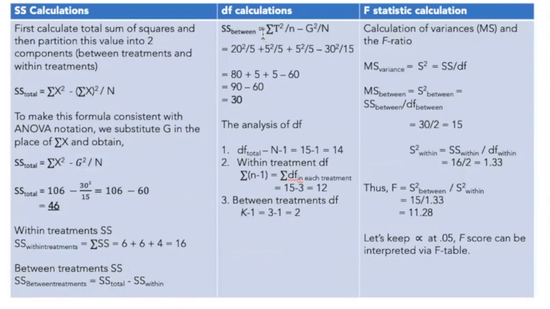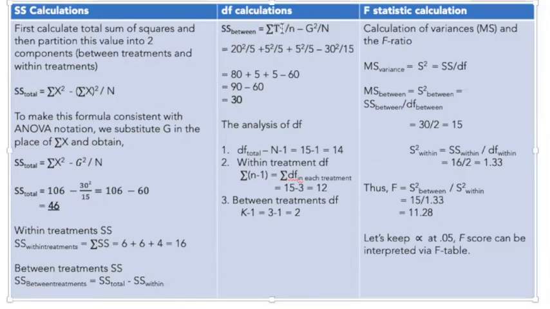You can write it like this: sigma T squared over n minus G squared over N. So basically here we have to substitute this T squared.